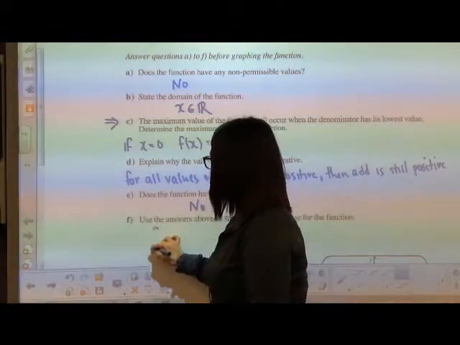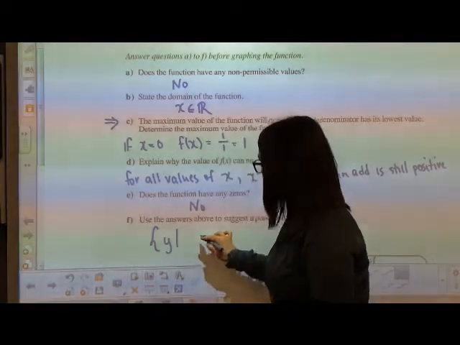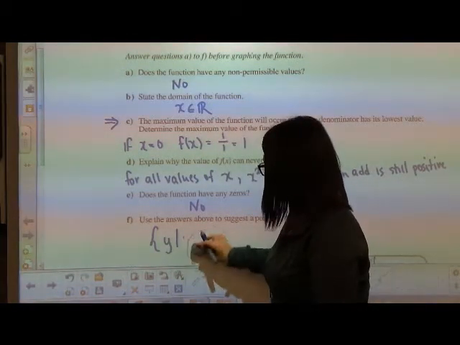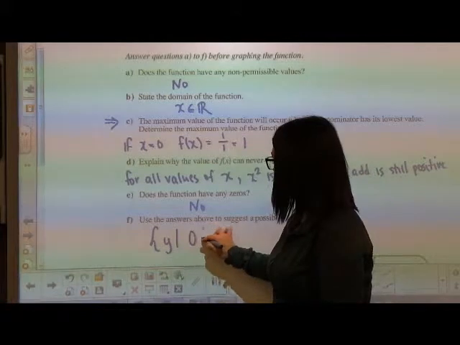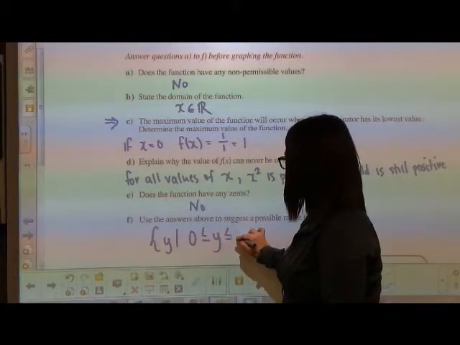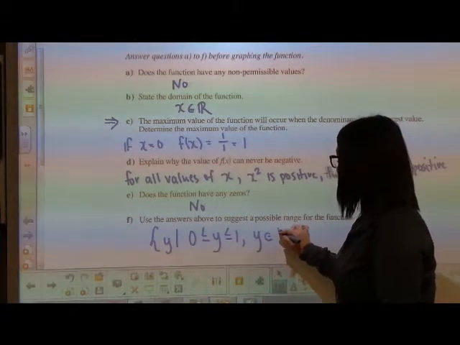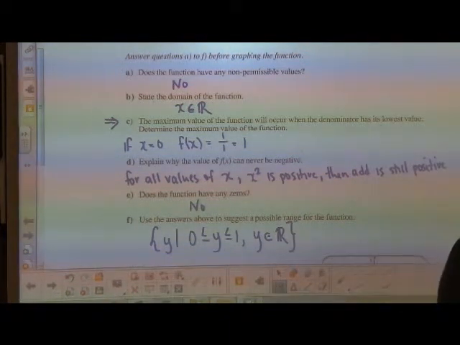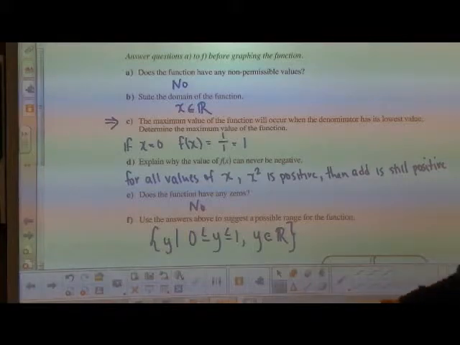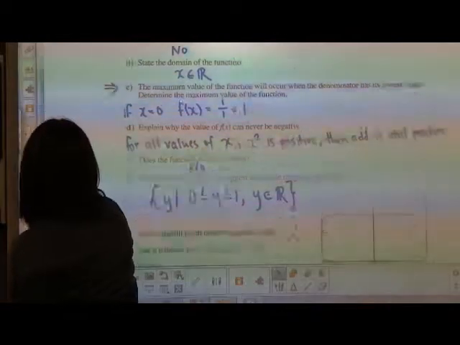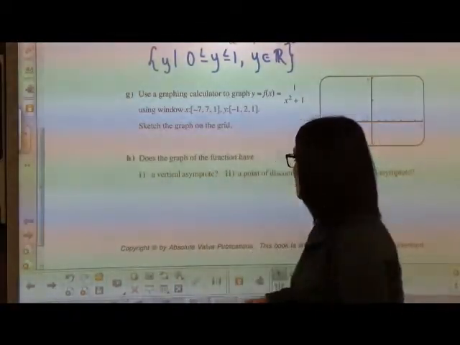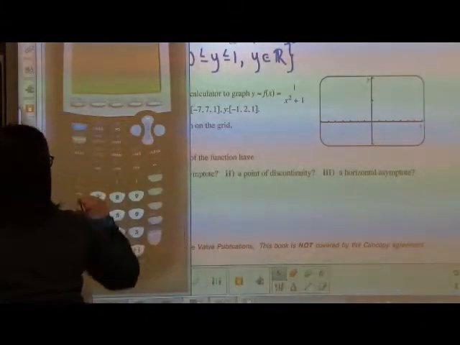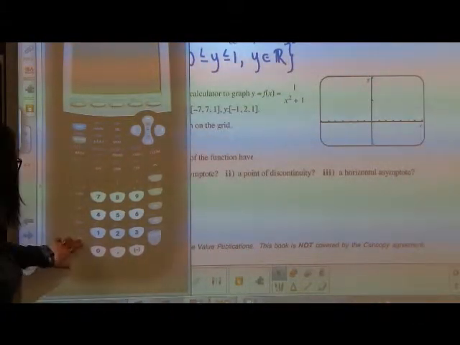That gives me a range where y is between 0 and 1, and it can be any value between 0 and 1. So it could be an irrational number, as long as that irrational number had a value between 0 and 1. So now if we use the graphing calculator to sketch this graph, we're given a window setting to use.